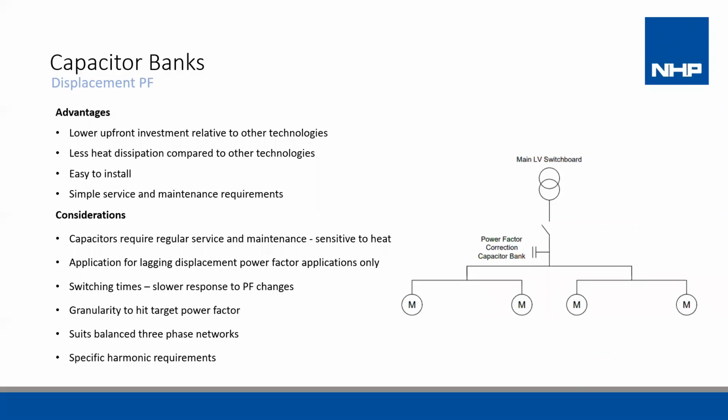Maintenance can be considered to be low, but should not be neglected as the capacitors themselves are very sensitive to heat and are quite temperamental and prone to failure. So it is good to check on them regularly or as per manufacturer's recommendations to make sure they have not failed. And if they have failed, then the PFC system will not be effective.